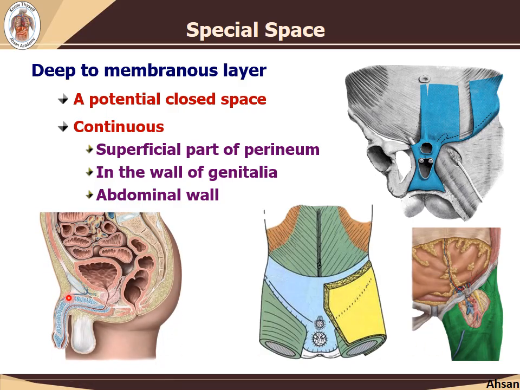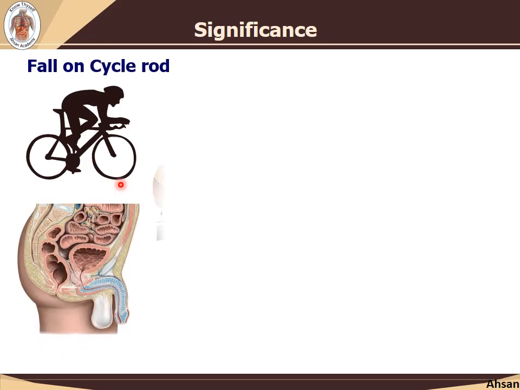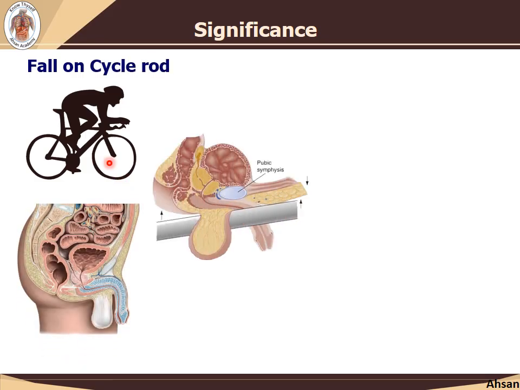You see, this is the perineal region. So this will show some fluid. Now, the significance: how does it happen? You can see this figure. What happens if the puddle is slippery and somebody suddenly slips on the puddle, so will fall on a rod.